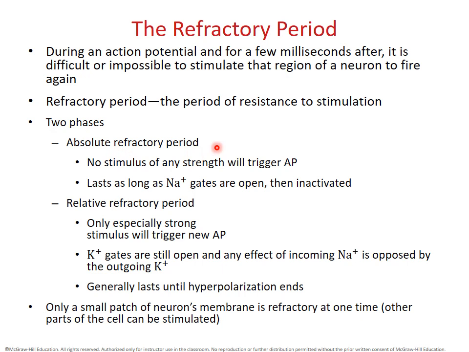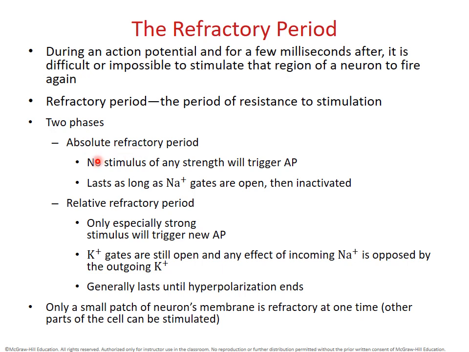The absolute refractory period is the period of time during which, as I mentioned earlier, no stimulus will be able to trigger a new action potential on that piece of membrane. And it's not just that the membrane is resistant to being stimulated, it is incapable of being stimulated again during the absolute refractory period.